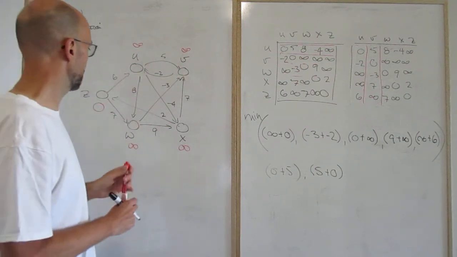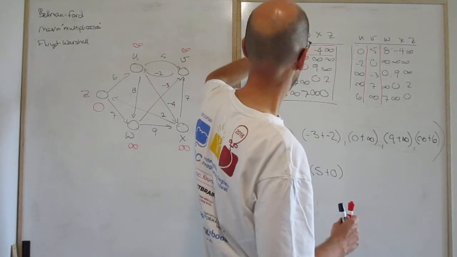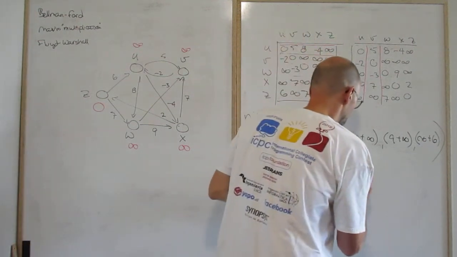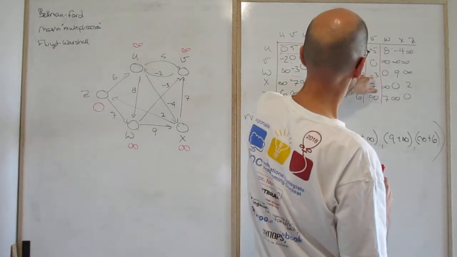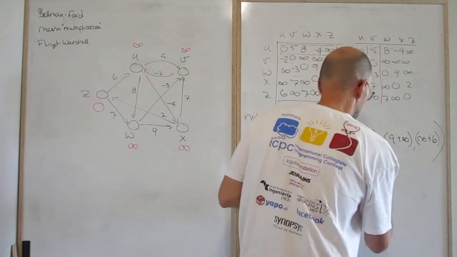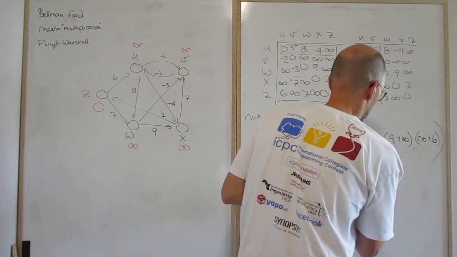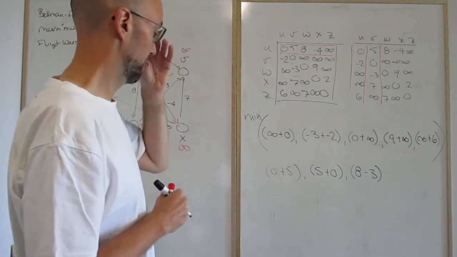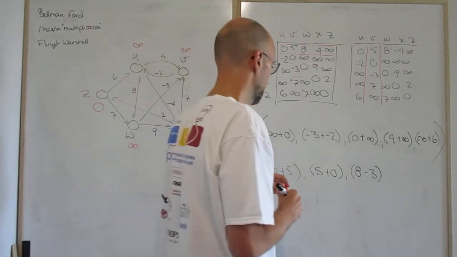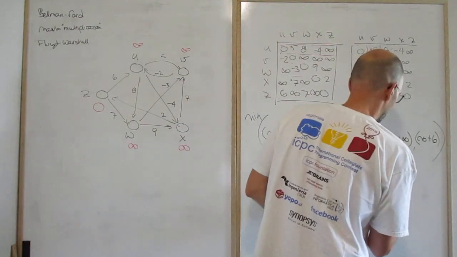So U goes to W, which is an 8, and then W goes to V, it's a minus 3. So that's 5. These two are actually the same, but we don't care.